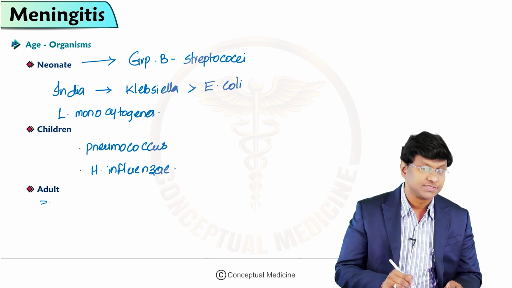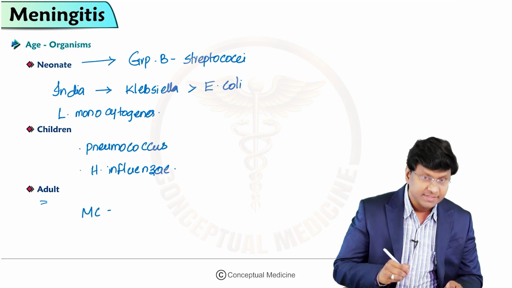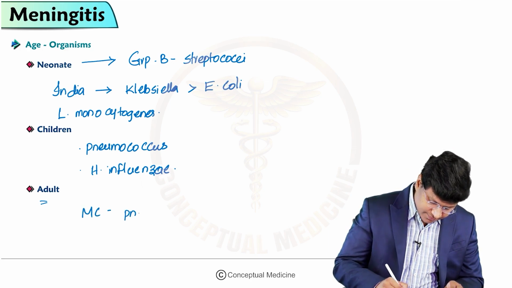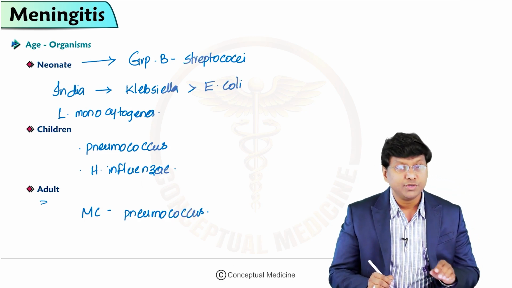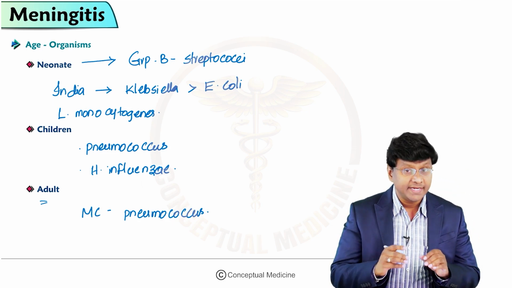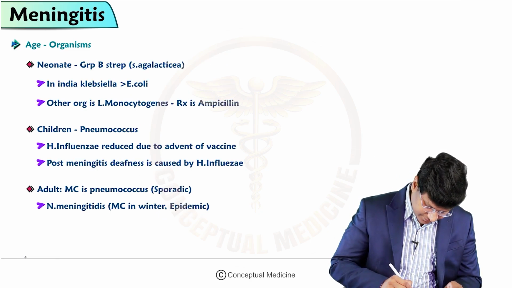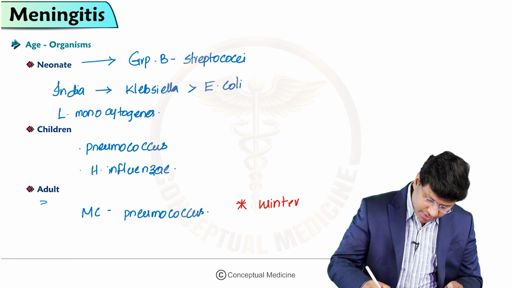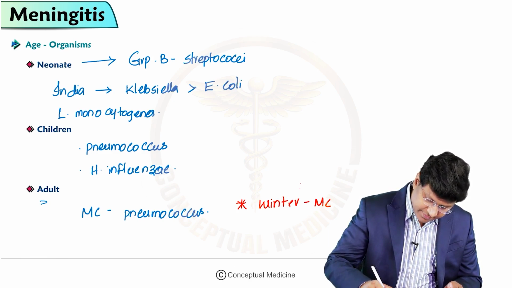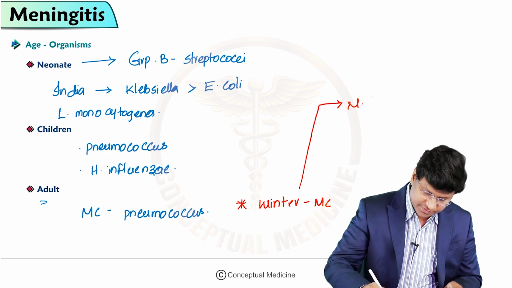In adults also, the most common organism will be pneumococcus. And in winter seasons, the most common organism causing meningitis will be Neisseria meningitidis.